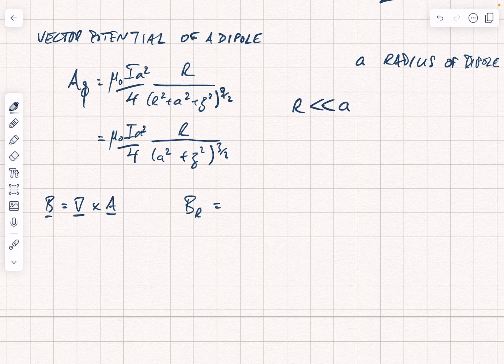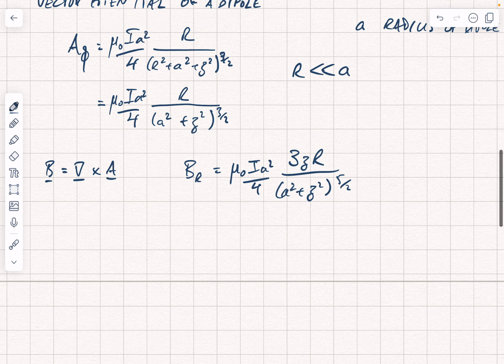So we have the radial component, and remember this is the cylindrical radial, which is mu naught I a squared over 4, and we get a 3z r over a squared plus z squared to the 5 over 2, and B in the z direction is mu naught I a squared over 4, and then you have a 2 over a squared plus z squared to the 3 halves. That's just due to the current ring.